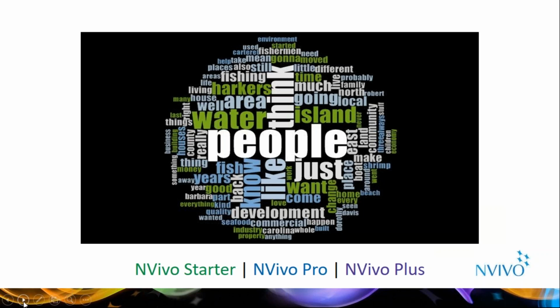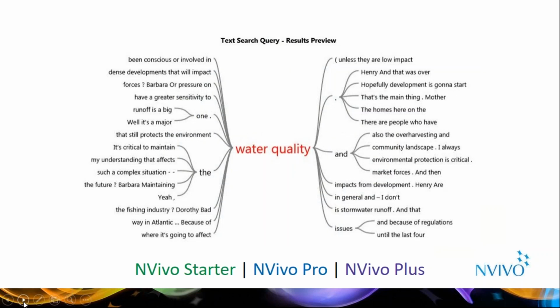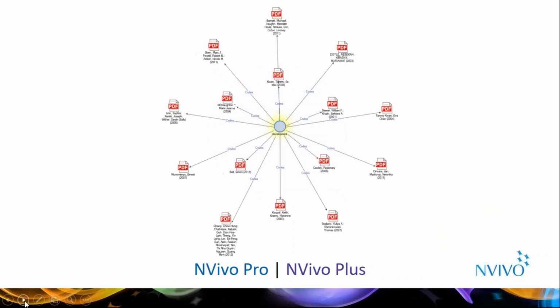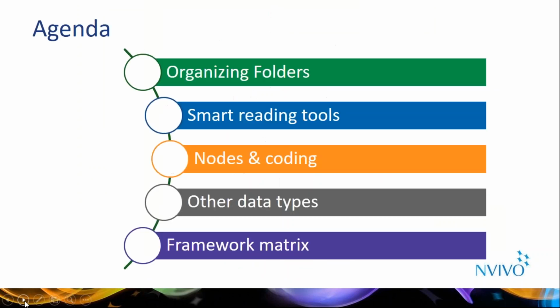So things such as word clouds or word trees, which are available in all three versions of NVivo for Windows. There's also the framework matrix, hierarchical diagrams, as well as the explore diagram, which can help us look for potential connections across our different sources and different information.